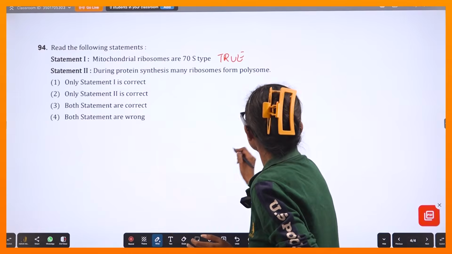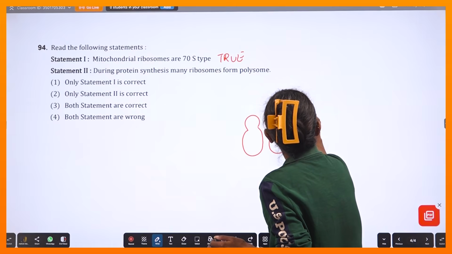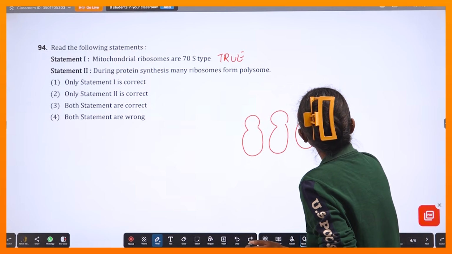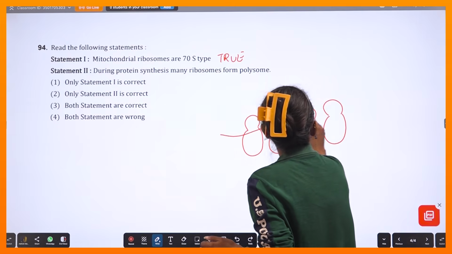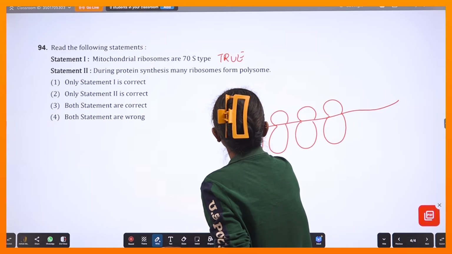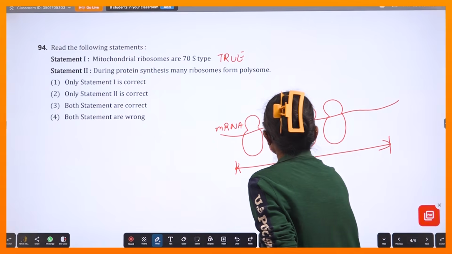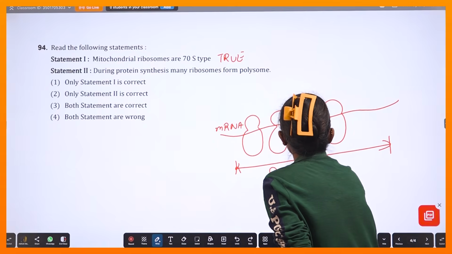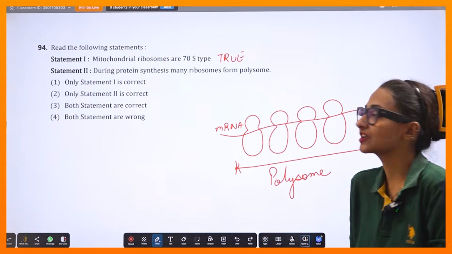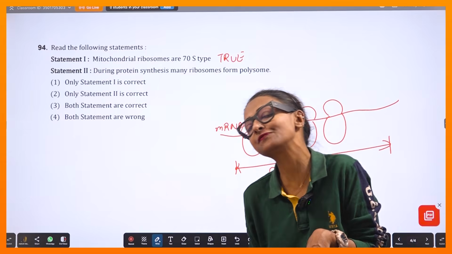If ribosomes are arranged this way on your mRNA, then this is called a polysome structure. So many ribosomes can participate in polysome formation.